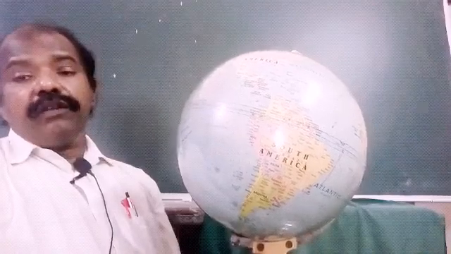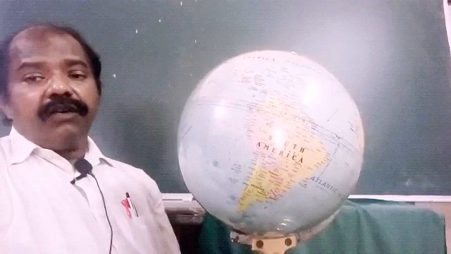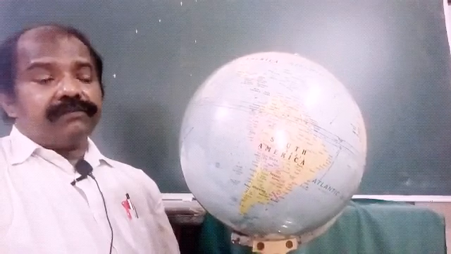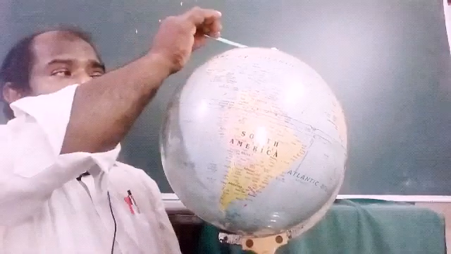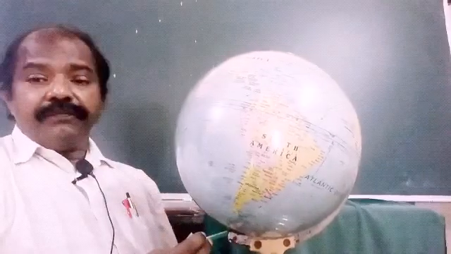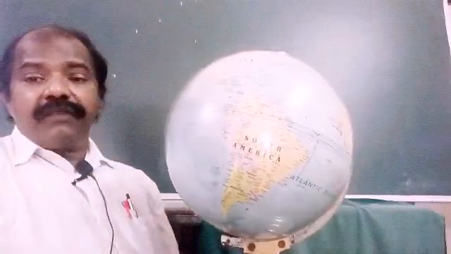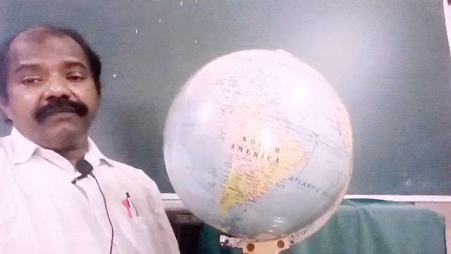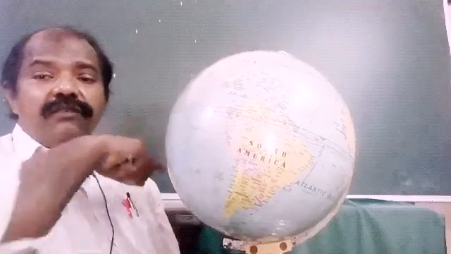These lines are called longitudes. What are they called? Longitudes. So longitudes are the lines which start from one pole and go to another pole. They are not complete circles. They are only semicircles, meaning half circle only. But at the same time, latitudes are full circles.